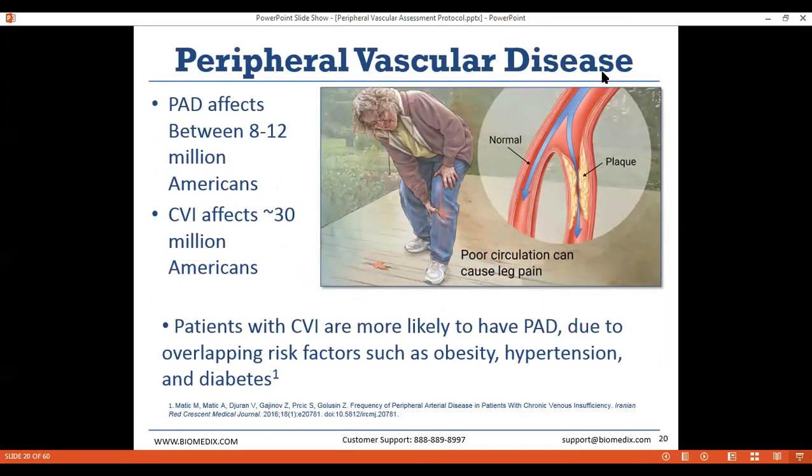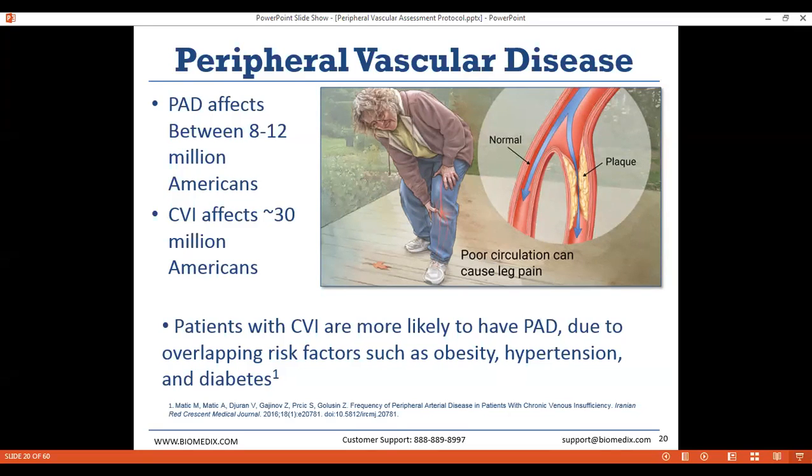Okay, at this point, we're going to move to the next stage of the webinar where we discuss the Vascular Assessment Protocol, how to do it, and what it's for. So as you probably gathered from the extensive list of risk factors we've just gone over, there's a lot of risk factors that are overlapping between patients for PAD and patients with CVI.